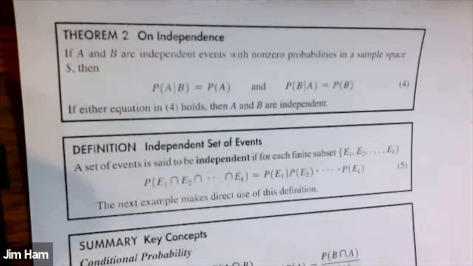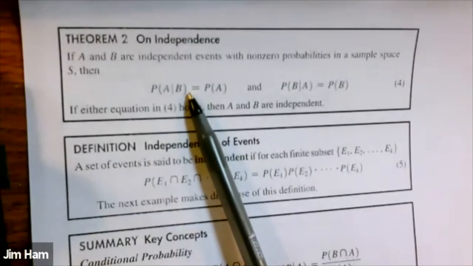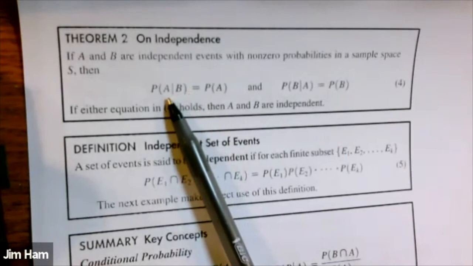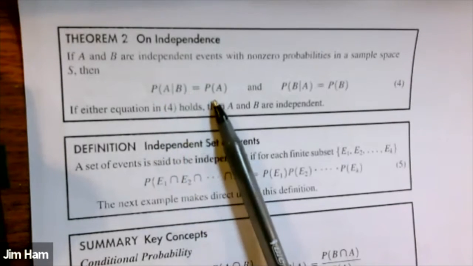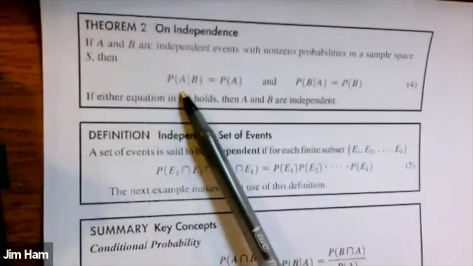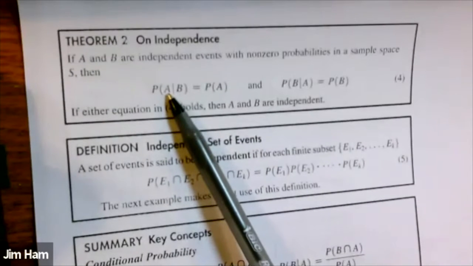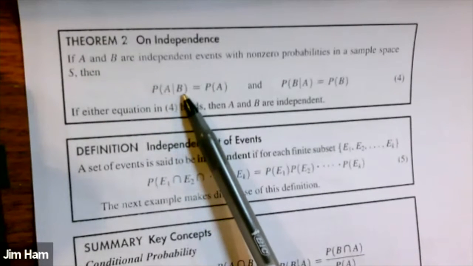On independence, if you want to tell if two events are independent, like flipping a coin and rolling a die, here's your test. The probability that A occurs given B occurs is equal to the probability of A. What that means is that B has no impact whatsoever on what happened to A. So what's the probability of getting a head given that we rolled a 3 on the die?